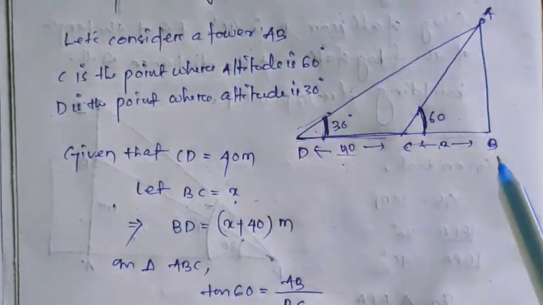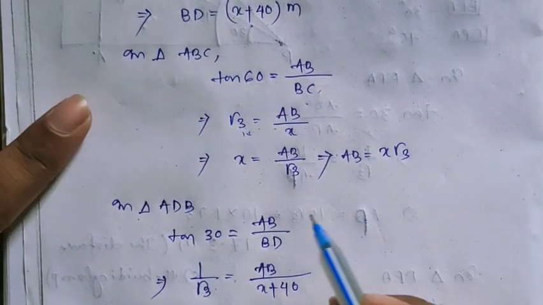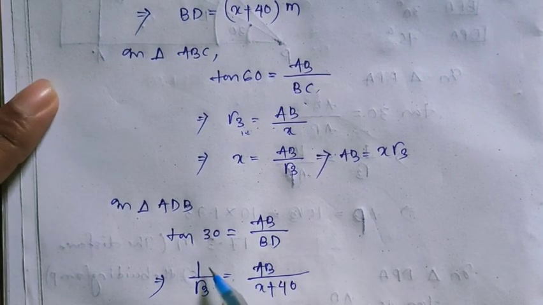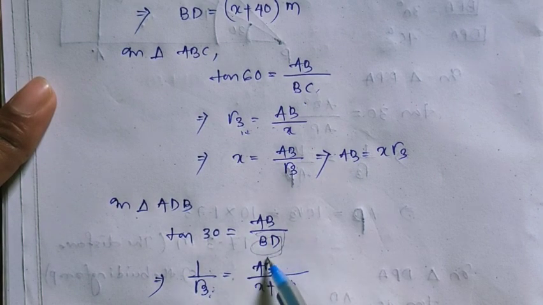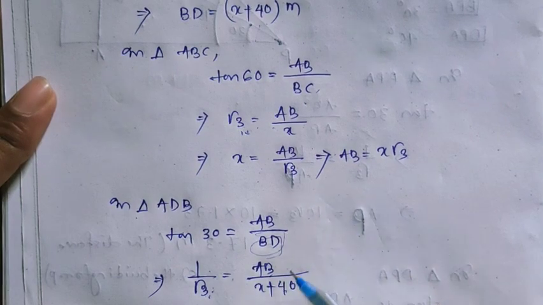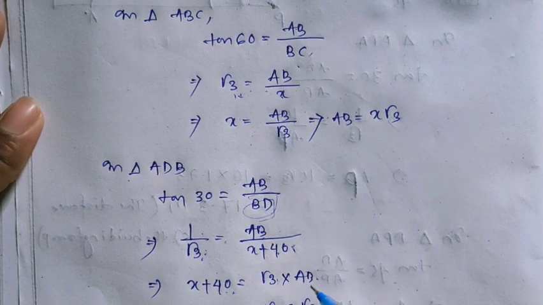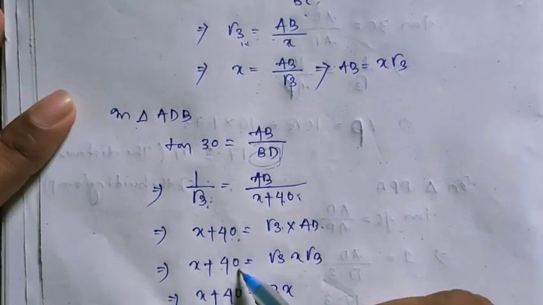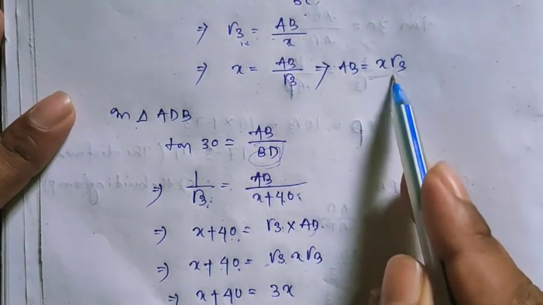Now in triangle ADB, tan 30 is equal to AB by BD. So 1 by root 3 is equal to AB divided by BD, because tan 30 is equal to 1 by root 3. We have already taken BD is equal to x plus 40. This implies x plus 40 is equal to root 3 into AB, and the value of AB we have already found, x root 3.